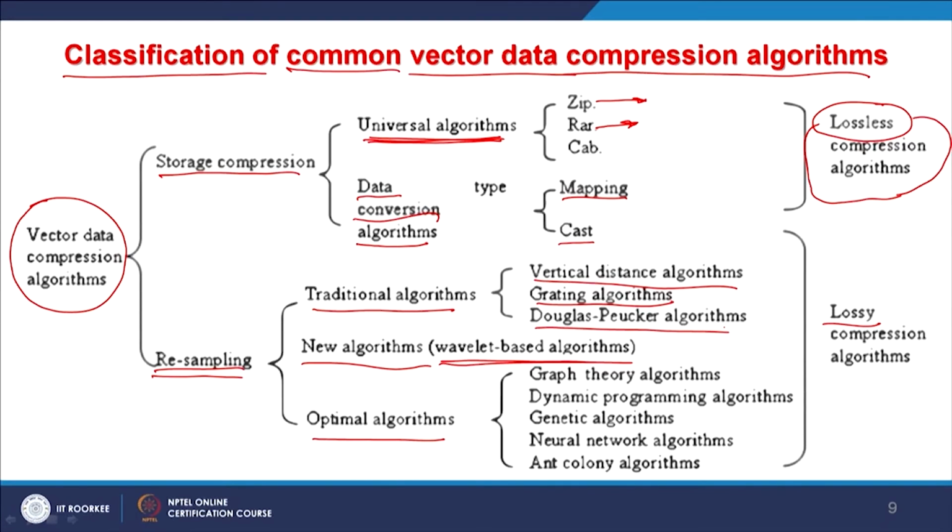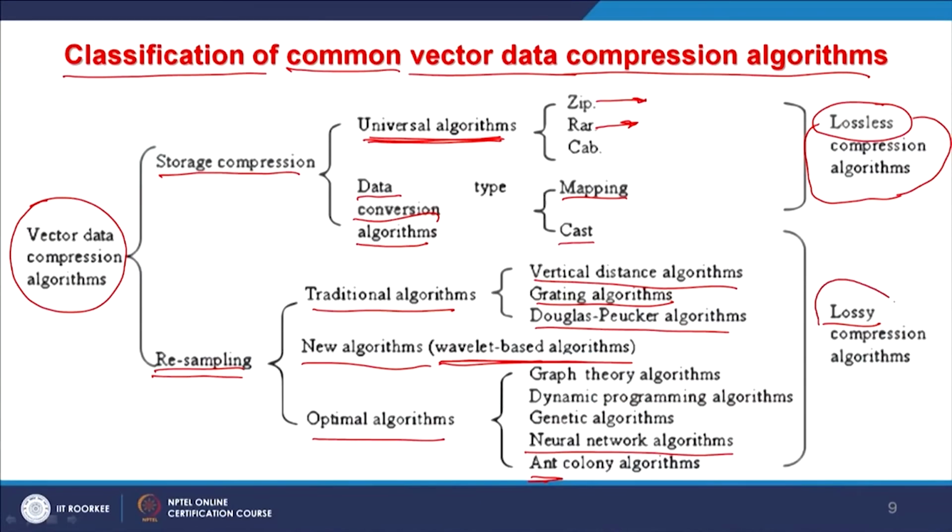Basically, we do not want to go into much detail about these algorithms, but the tools and techniques which are available are being implemented, for example, wavelet based or neural network based, and also ant colony. So, these are the tools which people are trying in almost all domains, in GIS, in digital image processing, or in computing, to train the computers to do certain tasks in a much more efficient way.